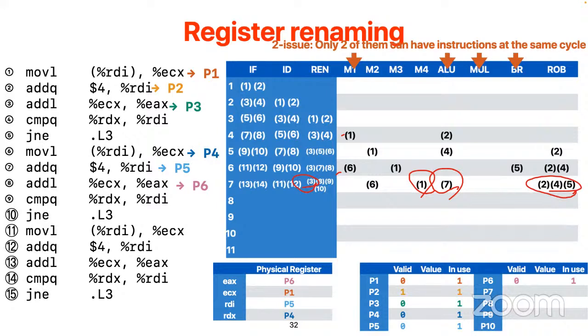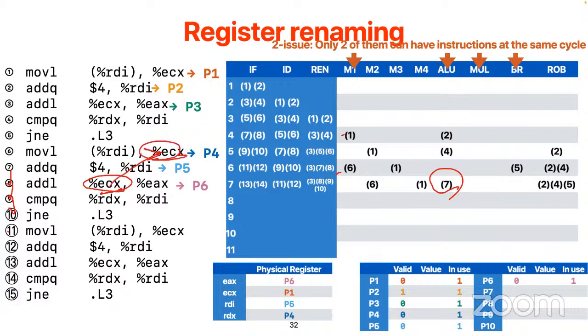So now, in the next cycle, finally, we can put 3. But we can pick one more instruction to execute. We have A, 9, 10. Among these instructions, who can be executed?